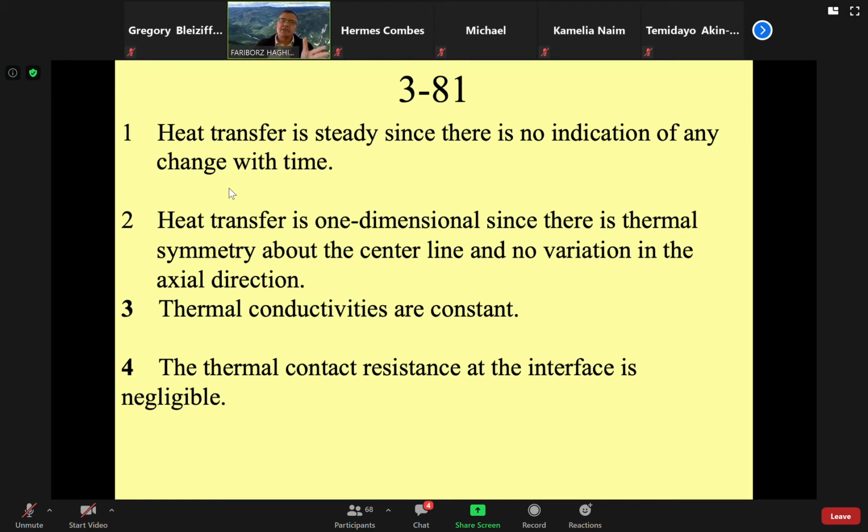We assume the temperature is almost constant inside and outside. The thermal conductivity of the stainless steel and insulation is given to you. And we assume there is close contact between the insulation and the pipe, therefore no air gap in between. This is complete contact between these two.